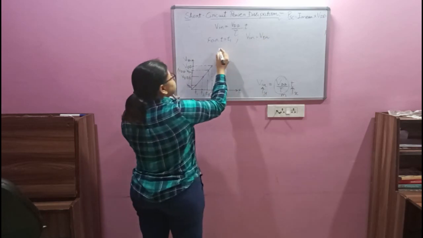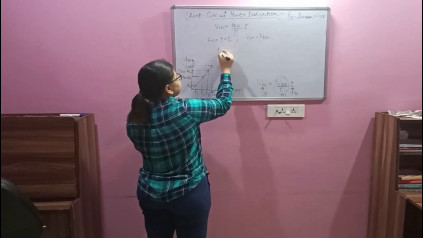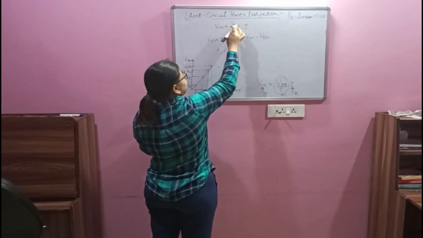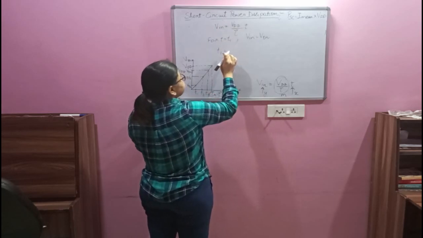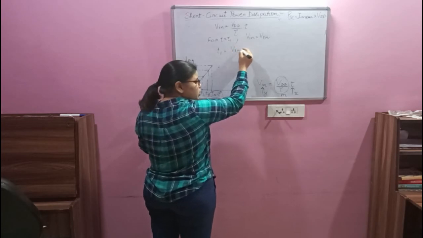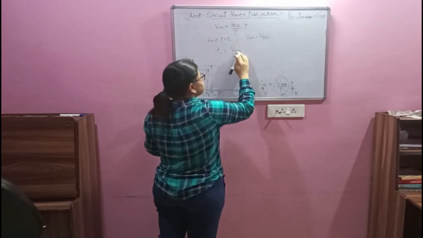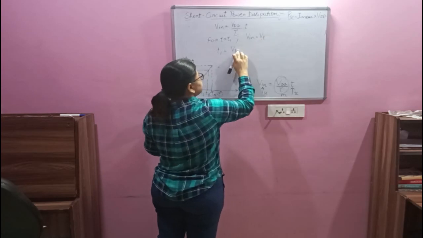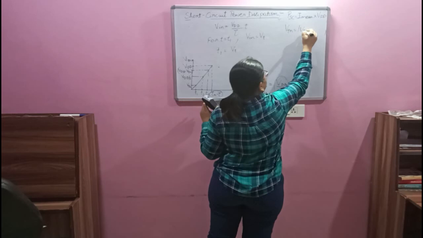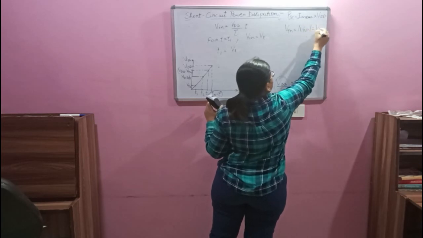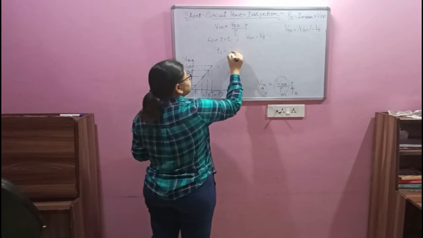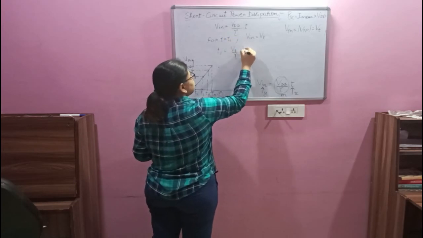So my equation will change as T1 equals Vin into tau upon VDD. So this will be VTN into tau, or sorry, VT, because we are taking VTN equals mod of VTP equals VT. So I will take VT over here, VT upon VDD into tau.